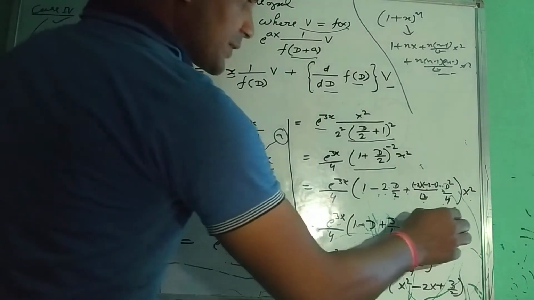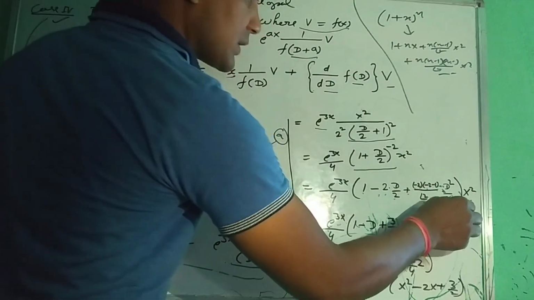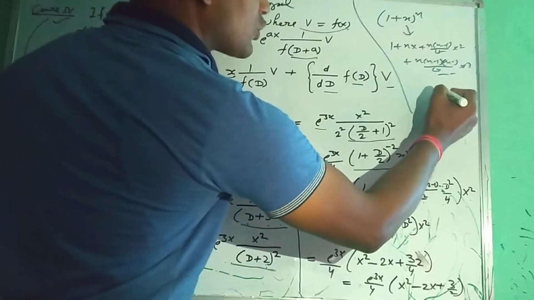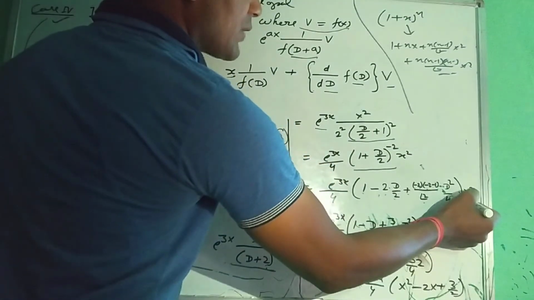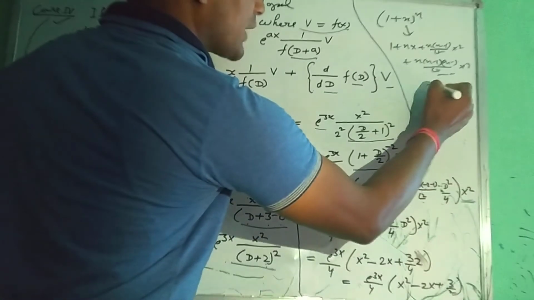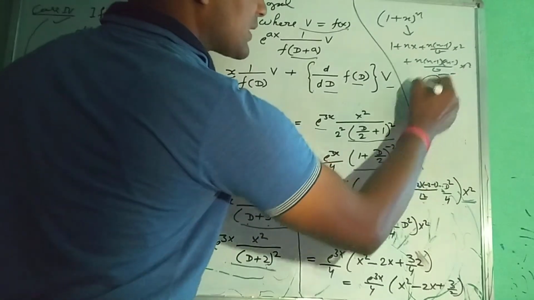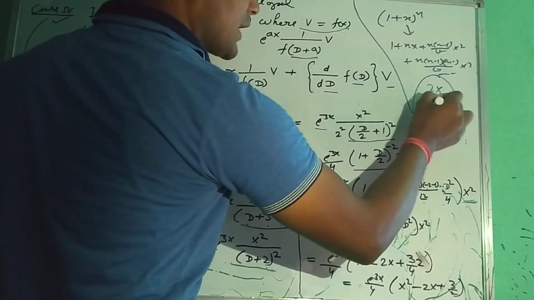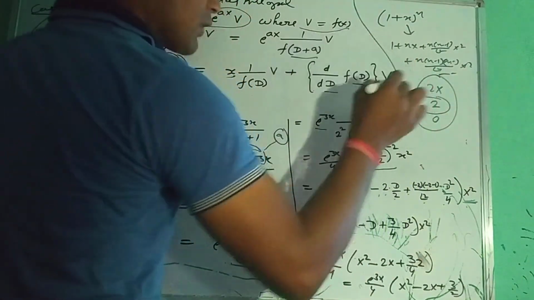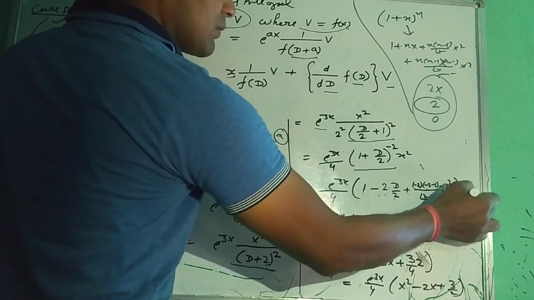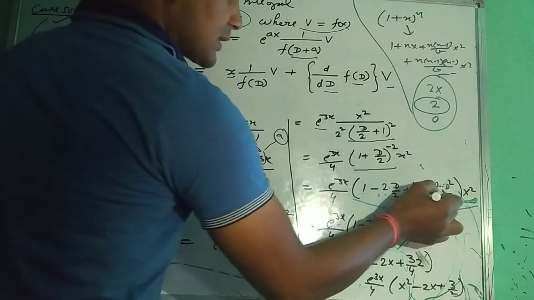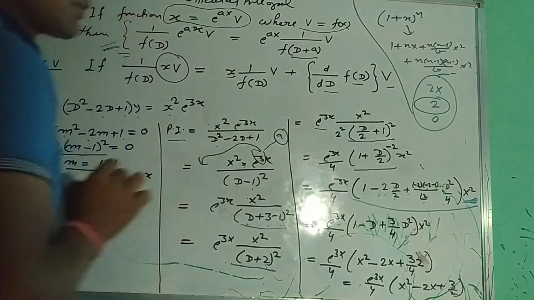This is sufficient for this function, because the first differentiation of x square is 2x, the second differentiation is 2, and the third differentiation is 0. So we need only the second order derivative, and this is the sufficient expansion.